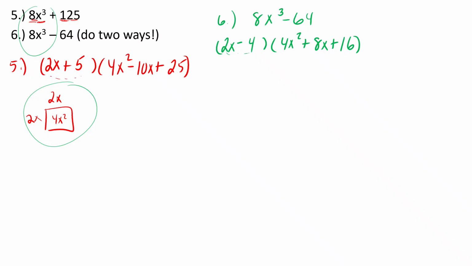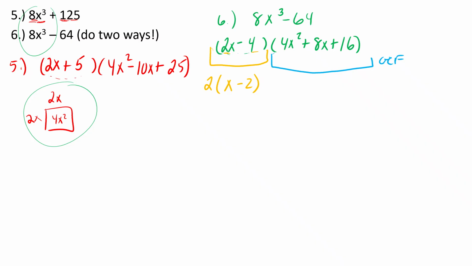In this first factor right here, I see a 2 and a 4, and those are both even. So I can factor out that 2, and it'll leave me with x minus 2. Okay, we can do a quick multiplication through, 2x, 4. There we go. Now, over here, I actually have a GCF of 4.